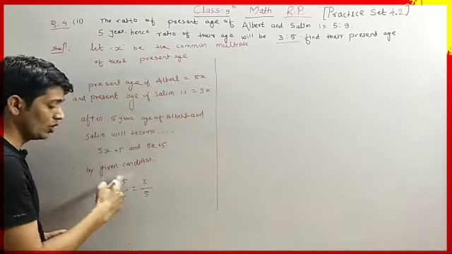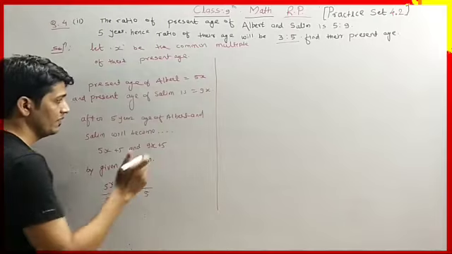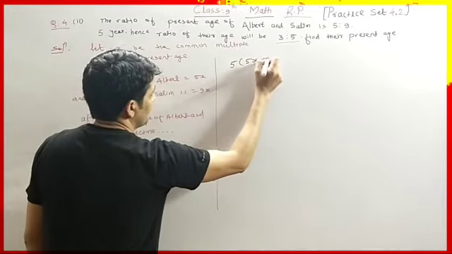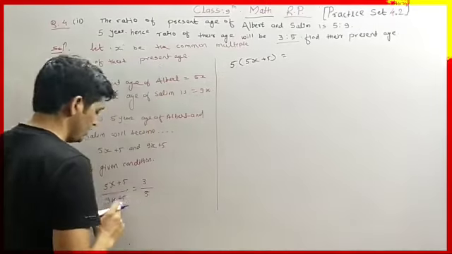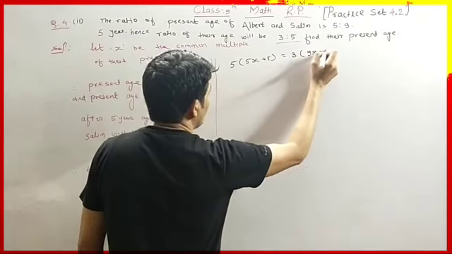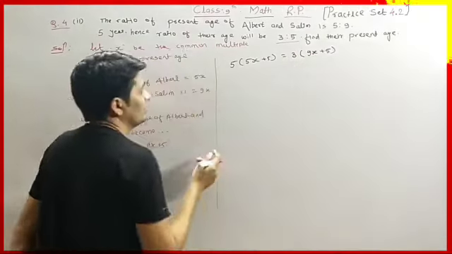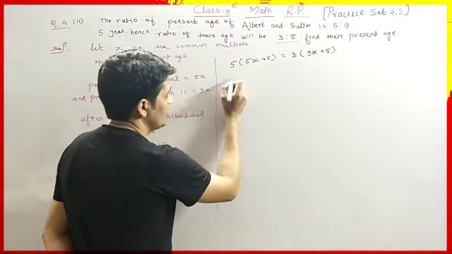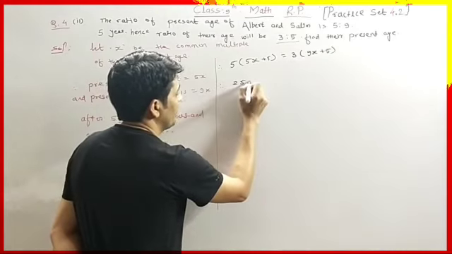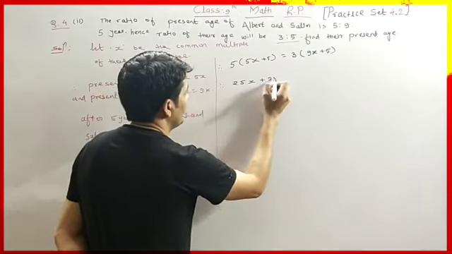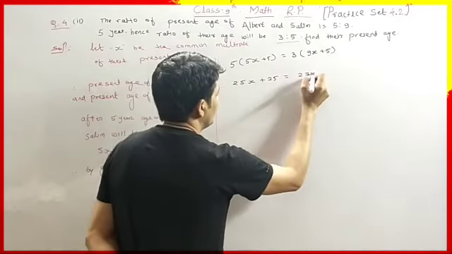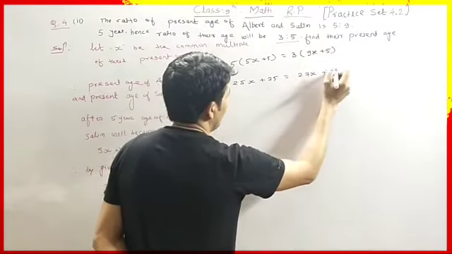Now we have to cross multiply. So 5 into (5x plus 5) equals 3 into (9x plus 5). 5 fives are 25x plus 25 equals 3 nines are 27x plus 3 fives are 15.